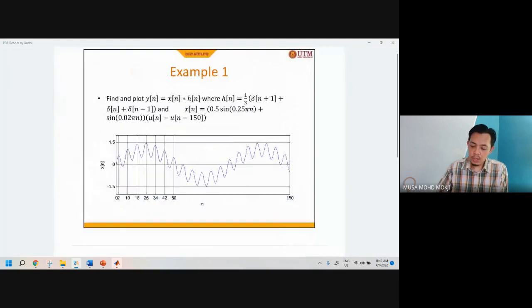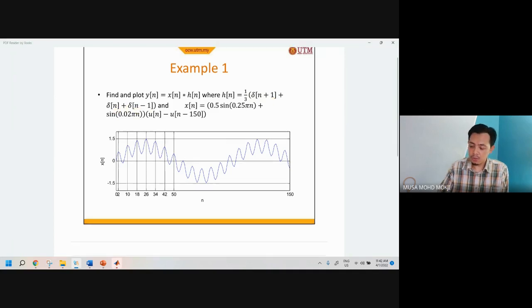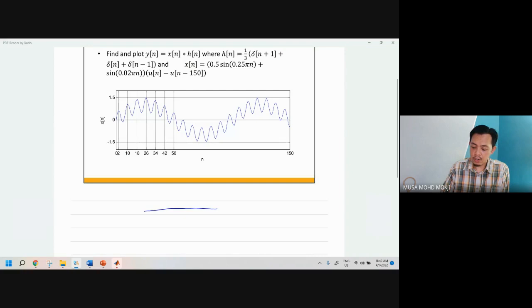And then we apply this h[n]. h[n] is actually equal to 1/3 δ[n+1] + δ[n] + δ[n-1]. So if you want to plot that, you start from -1, 0, and 1, and this is 1/3. So δ[n+1] here.